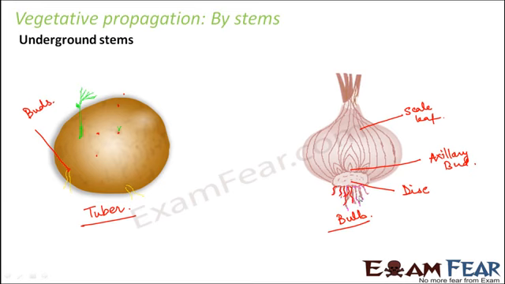A modified stem forms the base of the bulb, and then there is a short, thickened underground vertical shoot which has thickened leaves. So this is how the modified stem of the onion looks like, and it is capable of giving rise to a new plant. From here the roots will develop, and then from here the entire bigger stem will develop.